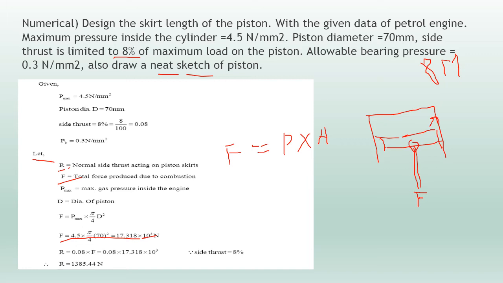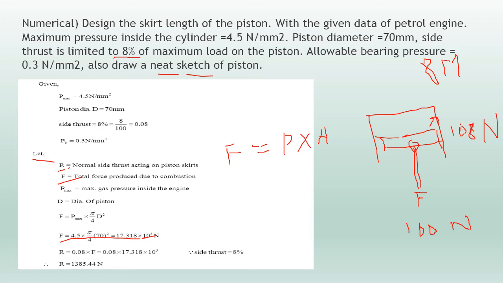For example, if your force is 100 Newton, your side thrust must be not more than 8 Newton. So this will clear it for you.